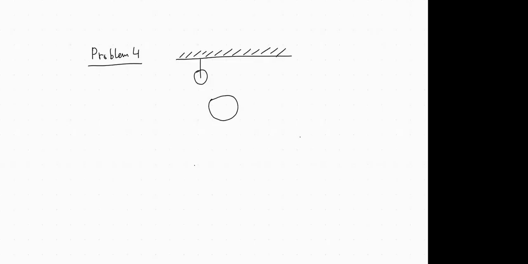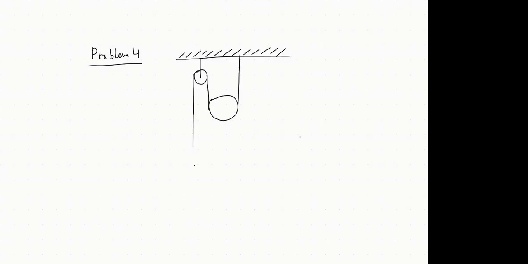Okay, so the next one is problem 4. It was supposed to be problem 5, but yeah, problem 4. In problem 4, you have a ceiling, and you have pulleys. One is like this, one is like this, one is like this, rope is like this, rope is like this.